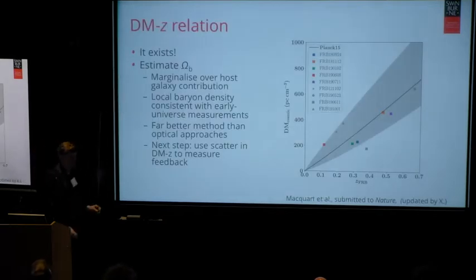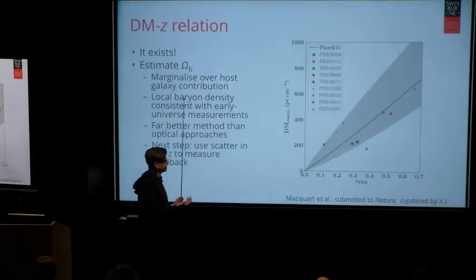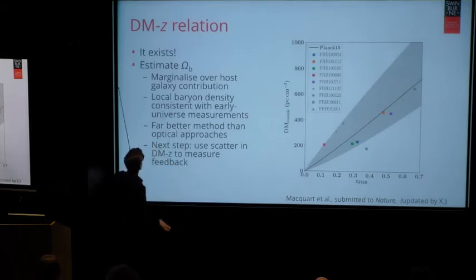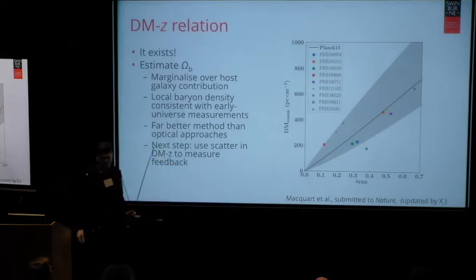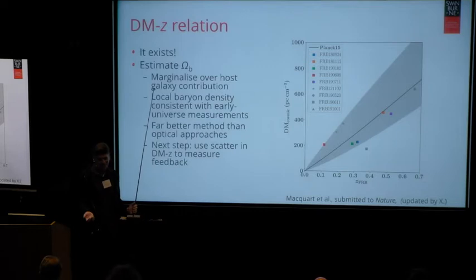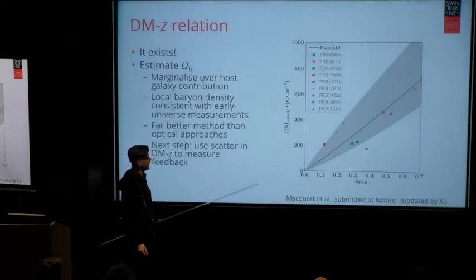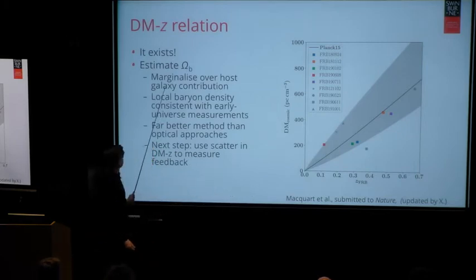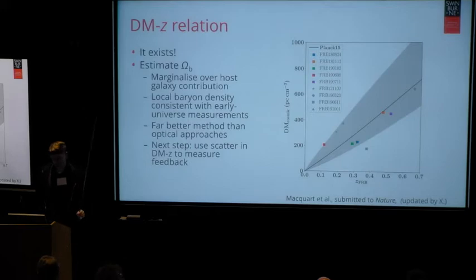So this meeting is more about what causes FRBs than what we can do with them. But this is the next plot from this morning, and here's the dispersion measure-redshift relation. First of all, it's real, right? We've been saying this for a while now, but you can see that we can now actually use the FRBs themselves to make a local estimate of the local baryon density, and it's consistent with the early universe measurements.